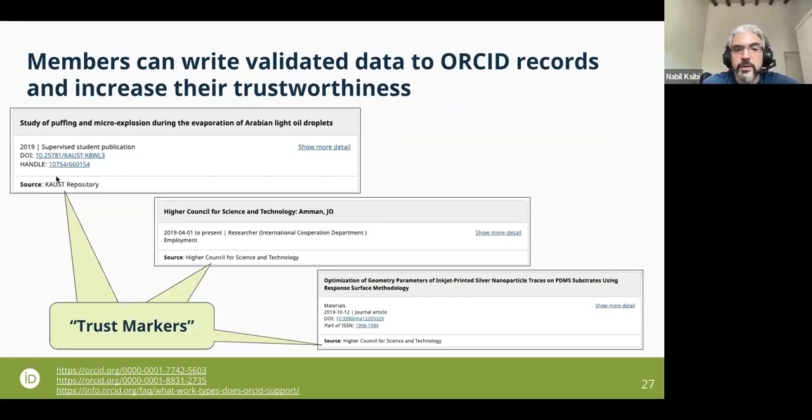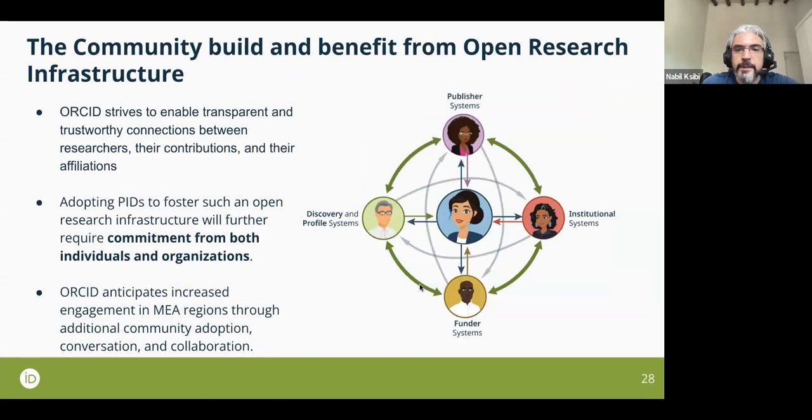Trust markers are not only in affiliation, but also in works. So you can see here a screenshot from the CAST repository with a publication asserted in that repository, basically. Here, this is the circle diagram where it shows the researcher at the center of everything that we are doing.